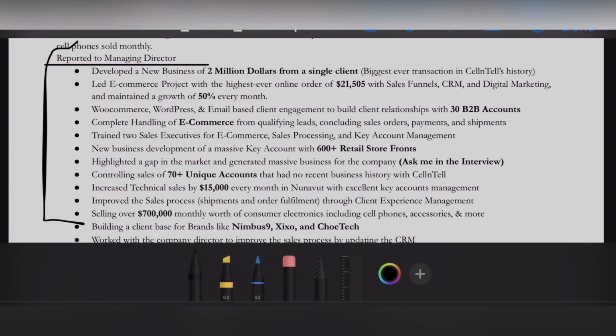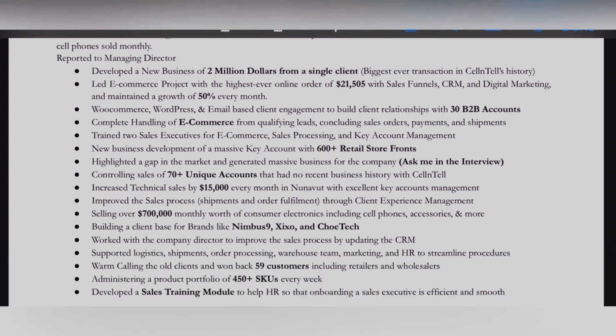Because some companies want to know the level of correspondence that you have done in your past experiences. So if you've reported to anybody in head office, or to somebody in the field, an operation manager, a sales manager, then you can write whoever you reported to.